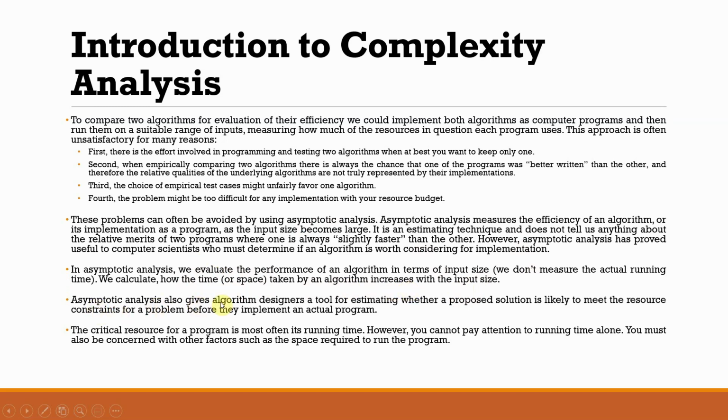Asymptotic analysis also gives algorithm designers a tool for estimating whether a proposed solution is likely to meet the resource constraints for a problem before they implement it. So for example, before we implement the program, we can see how much space we need, right? It might not even be possible to implement it.